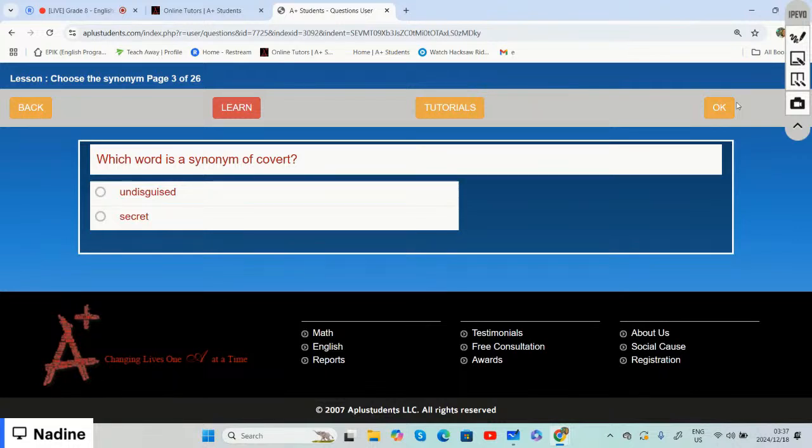So covered, is it undisguised or secret? If we were to identify the word that is a synonym of covered, then we can say it is secret. So it's the word that is the same as or almost the same as covered.